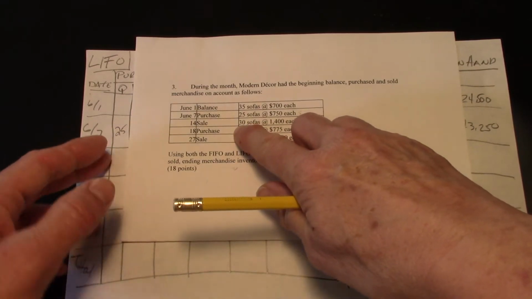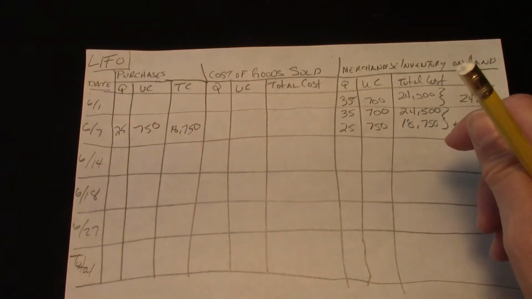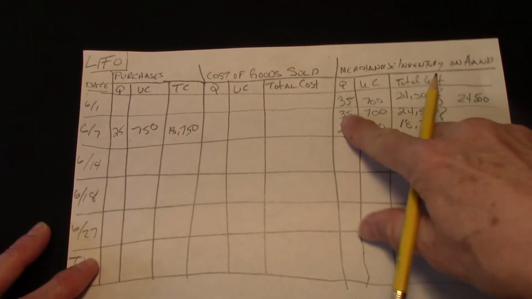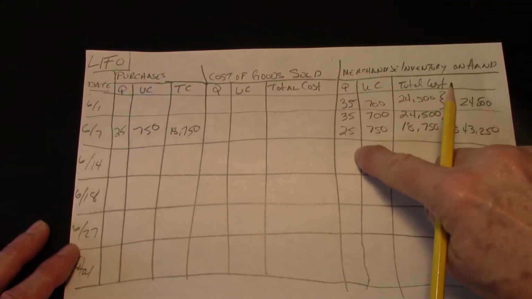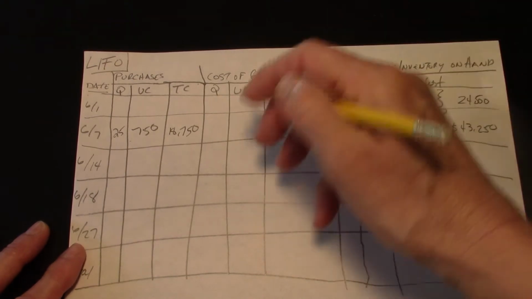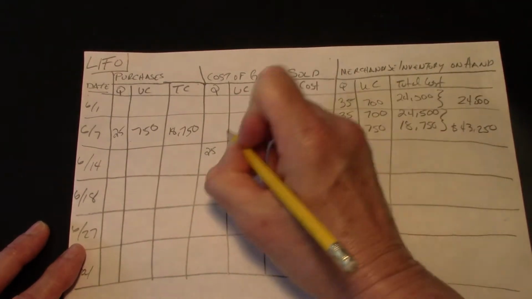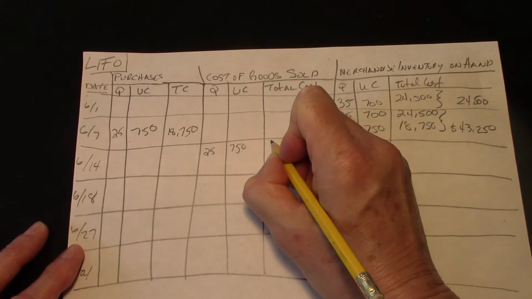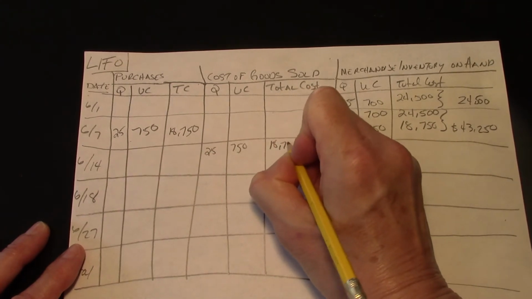So we're going to sell 30 sofas. So which 30 sofas do we sell? Well, under last in, we start with the last ones in, so that's these 25. So we sell 25 at 750, and that's 18,750.